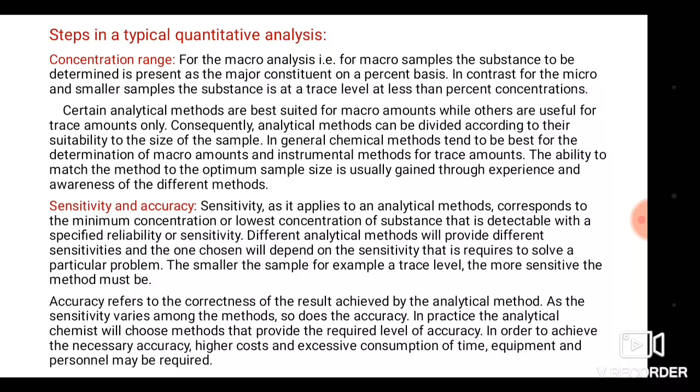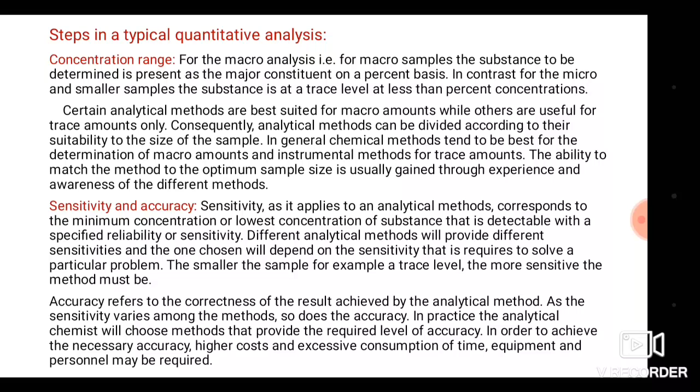So what type of method is there, what type of accuracy is there? If you are going to analyze a small sample size, then you require more accuracy and a more sensitive method. In order to achieve the necessary accuracy, higher costs and expensive consumption of time, equipment, and personnel may be required.